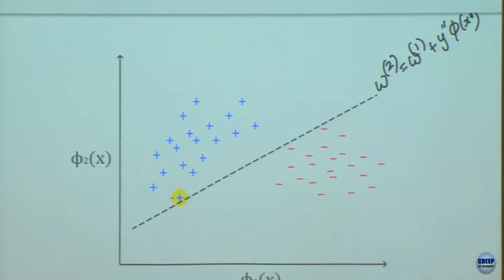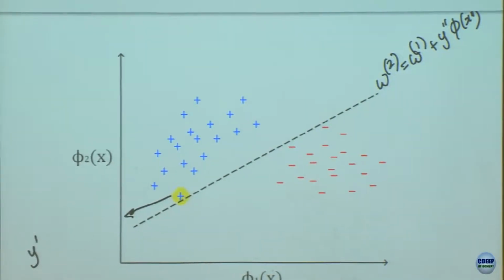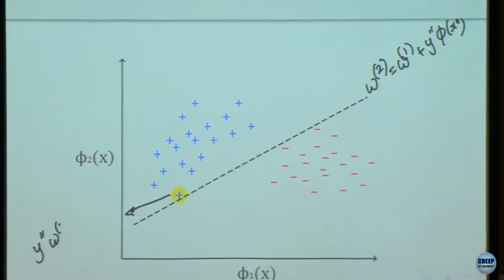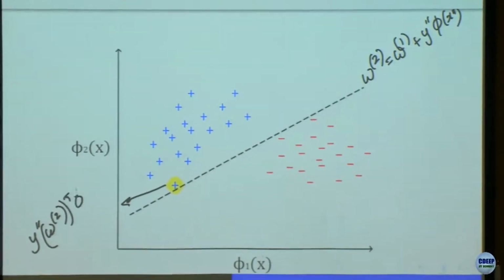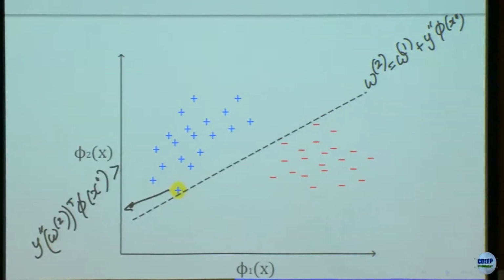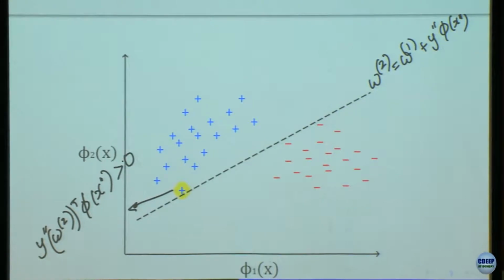Okay, and after this the unsigned distance we expect, and this is what happens, y double prime W2 transpose phi x double prime would be positive as expected.